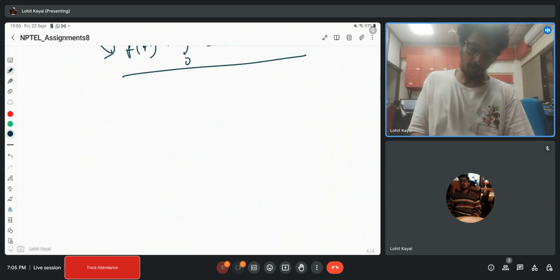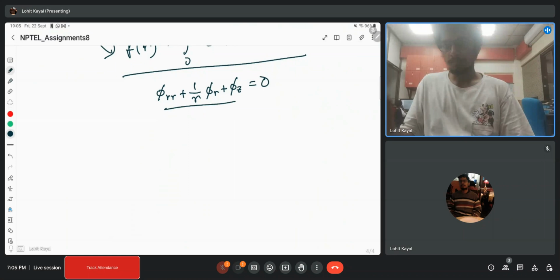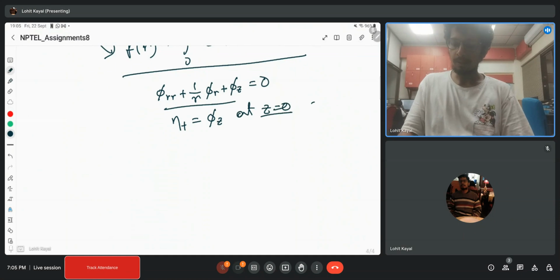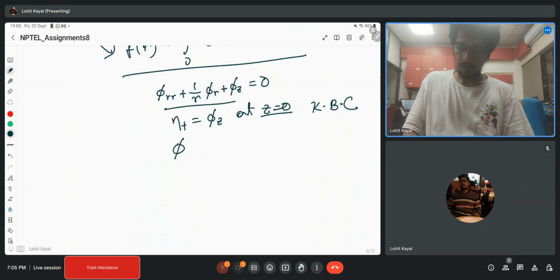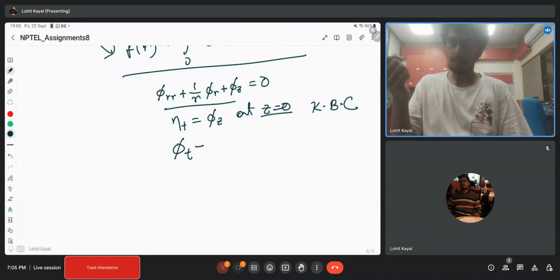Now your governing equation is the Laplace equation in cylindrical geometry. Then eta t equal to phi z at z equal to 0. This is the kinematic boundary condition. Now again I will consider only the pure capillary case.